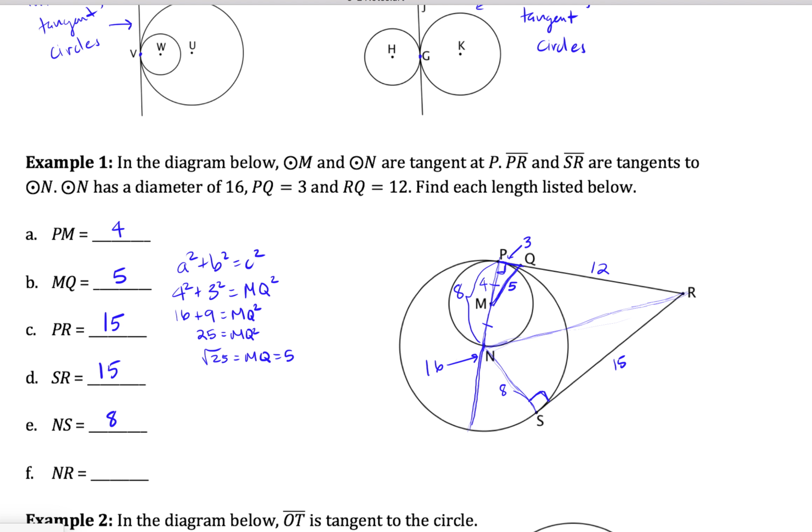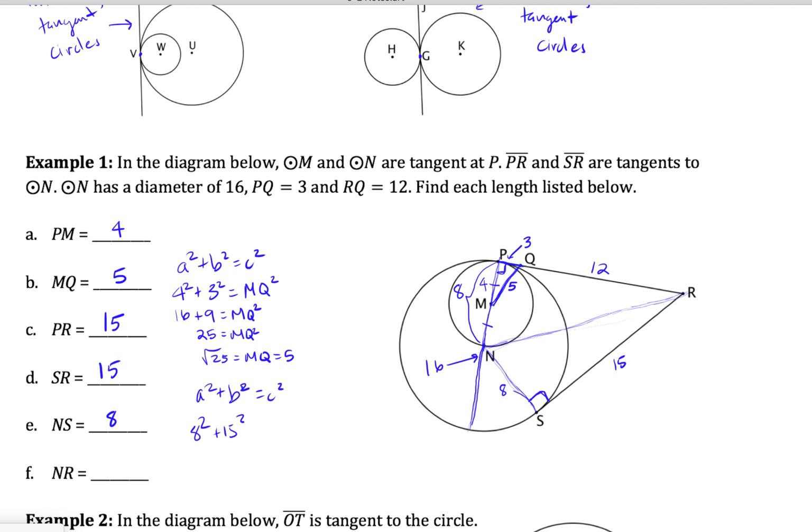And I already know that this length is 15 and this length is 8, so I know two sides of my right triangle. I can use the Pythagorean theorem. I can use a squared plus b squared equals c squared to find NR. My legs are what goes where a and b are, so that's 8 and 15.